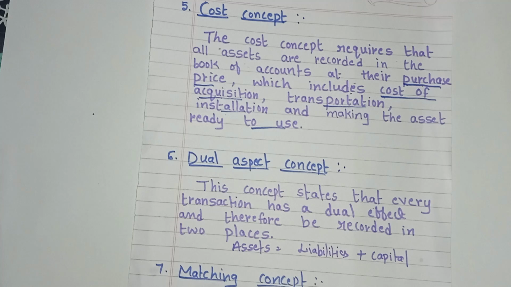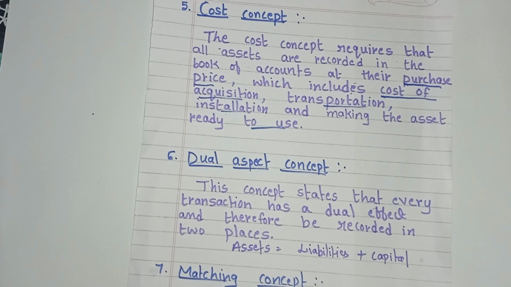Suppose a firm purchased goods worth rupees 10 lakh. In this transaction there are mainly two aspects: we are purchasing the goods, and we are paying the cash for the purchase of the goods. So this is the dual aspect concept.